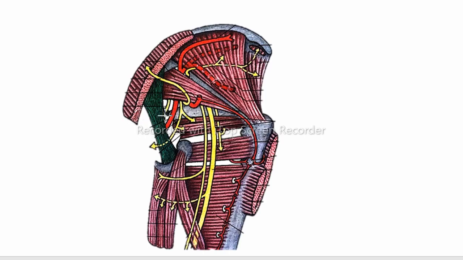P for pudendal nerve, I for internal pudendal vessels and N for nerve to obturator internus, and nerve to quadratus femoris. That also supplies the inferior gemelli, and nerve to obturator internus also supplies the superior gemelli.